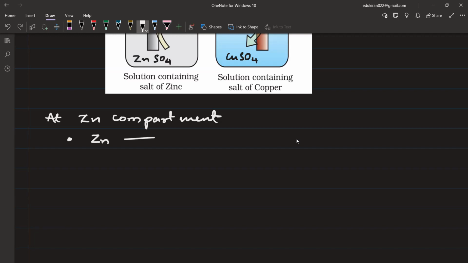Zinc is getting converted to Zn2+ plus 2 electrons. There is a loss of electron from zinc. Zinc is losing electron, yes or no? Yes. So this is oxidation.